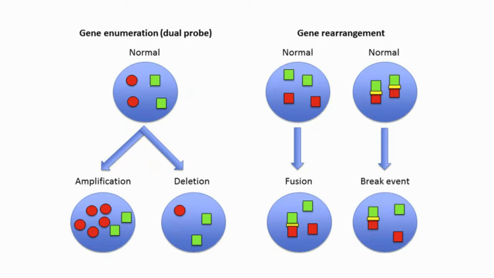Okay. So wait, Professor, are you amplifying the specific gene that you want, like the red? No. You label it with the gene enumeration probe. If it's normal, then this is what you should see. If you see this, that means that's the duplicate of the specific chromosome. If it looks like this, that would be the deletion of a specific chromosome.